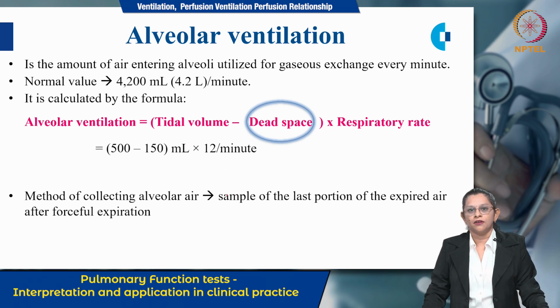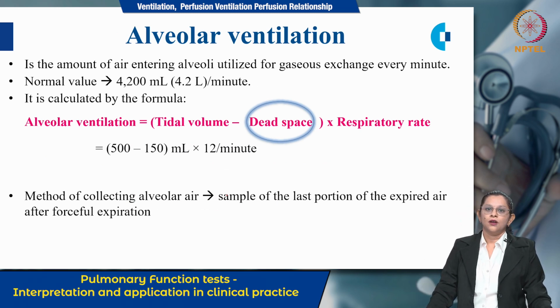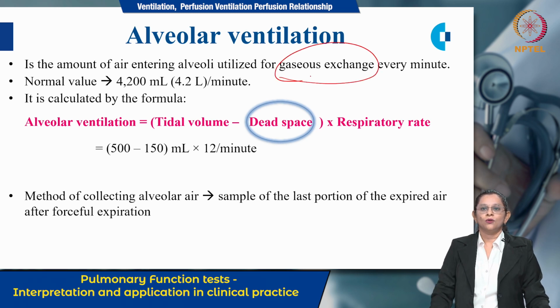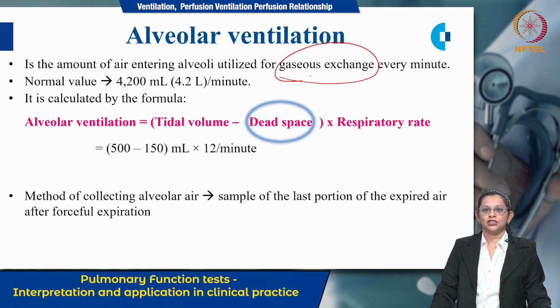Next is the alveolar ventilation. It is quite different from pulmonary ventilation: it is the gas that actually enters the alveoli and takes part in gaseous exchange every minute. The gas involved in the transfer of carbon dioxide and oxygen inside the alveoli, that ventilation alone is called alveolar ventilation.